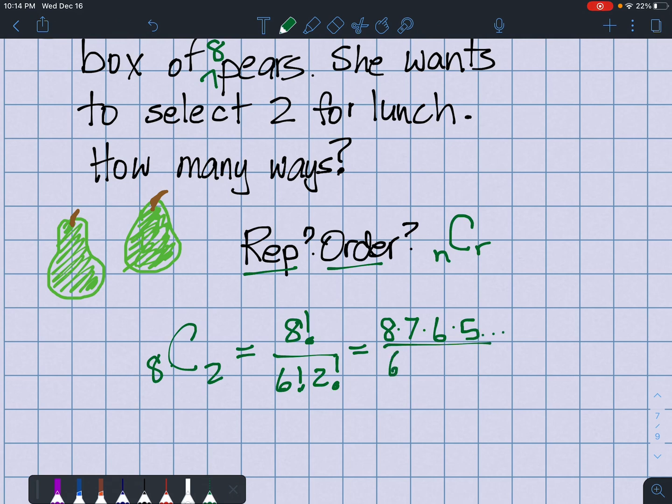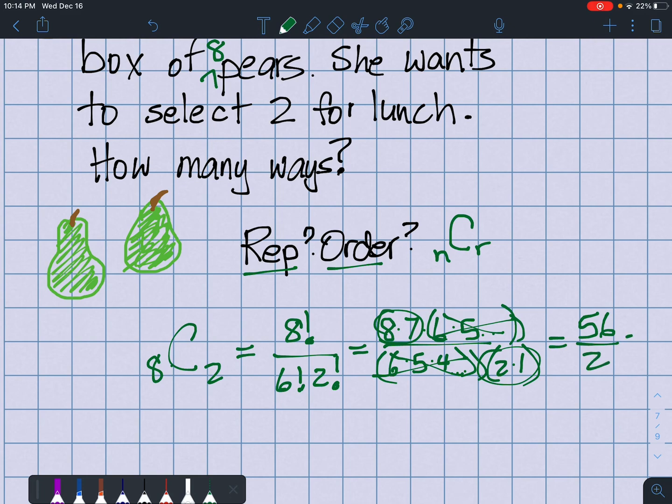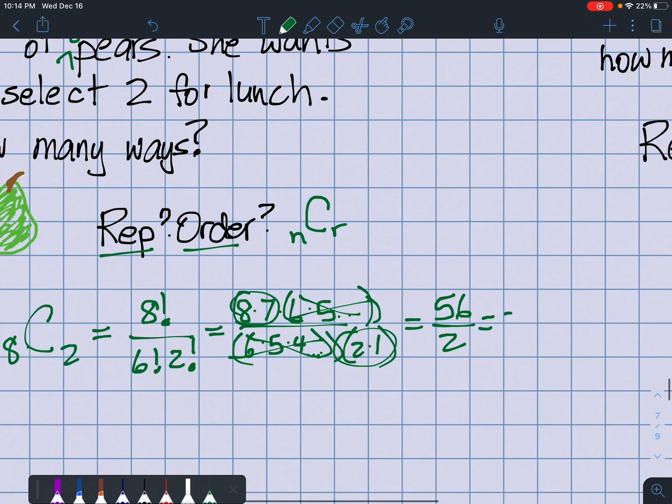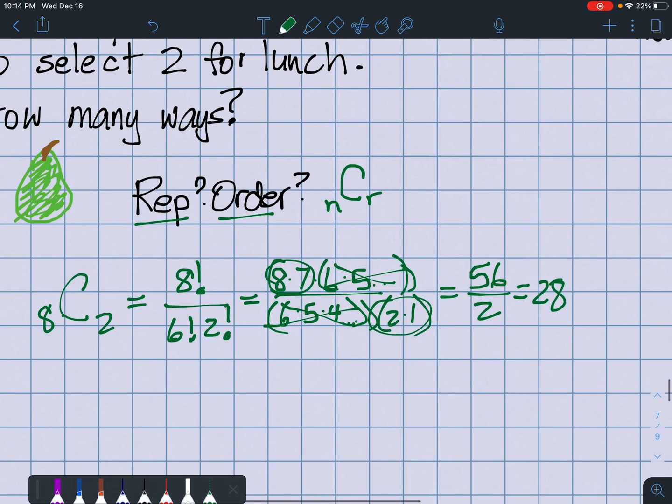And then it's going to be 6 times 5 times 4 times 3 all the way down. And then 2 times 1. Now the 6's cancel, all those 6's, and that leaves me just 8 times 7 divided by 2. And 8 times 7 is 56. 56 divided by 2 is 28. You can use your calculator, and that will also take you straight from here to here too.